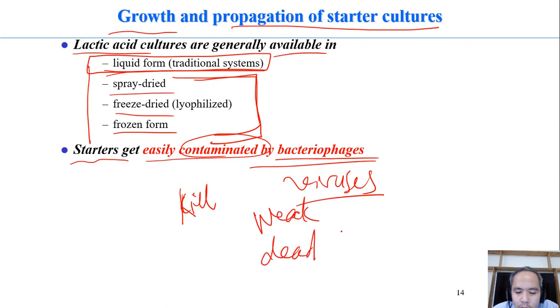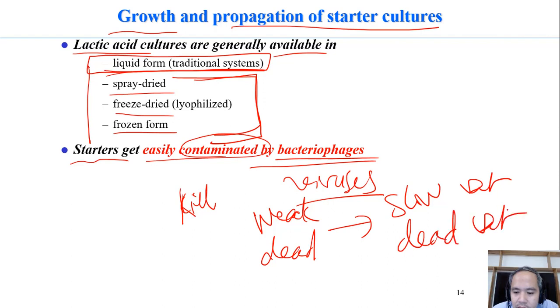Then when you do fermentation, you have an issue. We call it slow vat and dead vat. Slow vat means the whole batch of fermentation becomes slow, or will not ferment at all. You call it dead vat, and that is a very large economic loss.